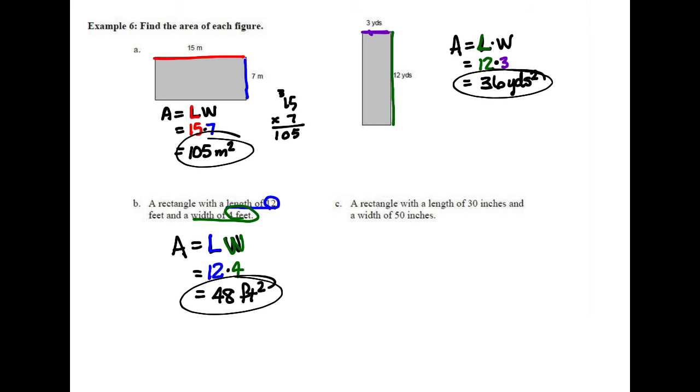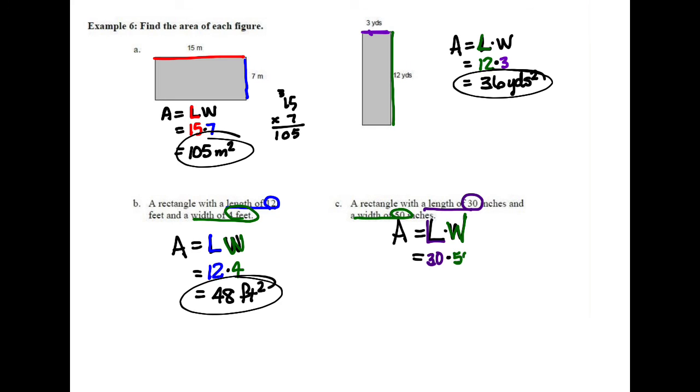Okay, last one here. Area is equal to length times width. So we have the length is 30. So 30 times, and width is 50.